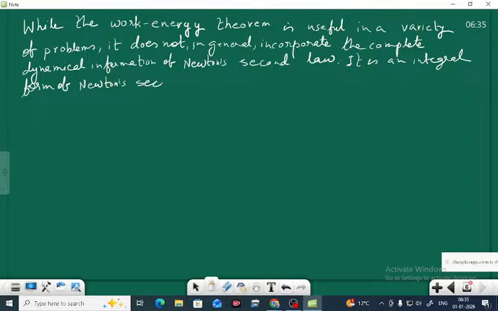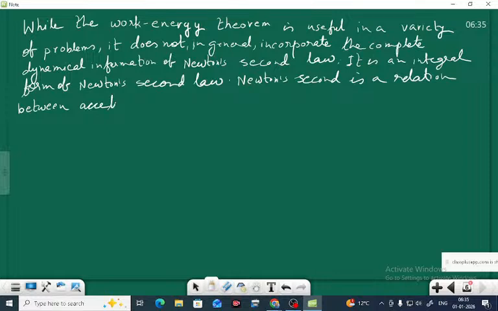Newton's second law is a relation between acceleration and force at any instant of time.